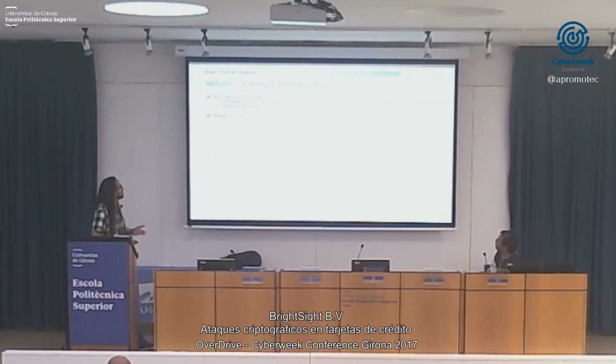And it's based on a divide and conquer strategy to divide the problem. If we are trying to recover a 64-bit key, we will need this big number of tries to perform a brute force.